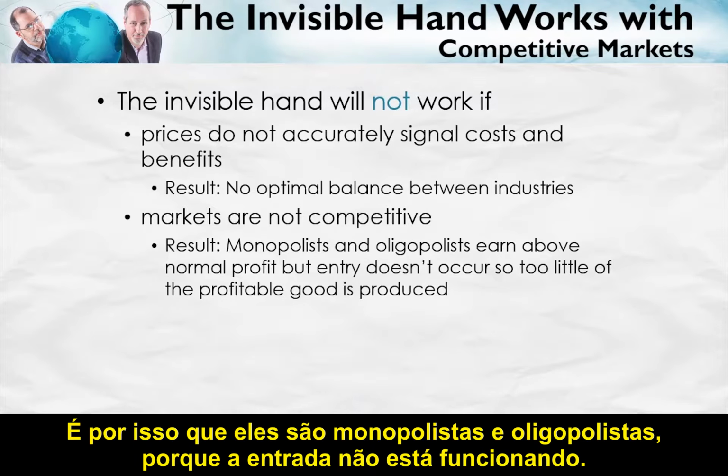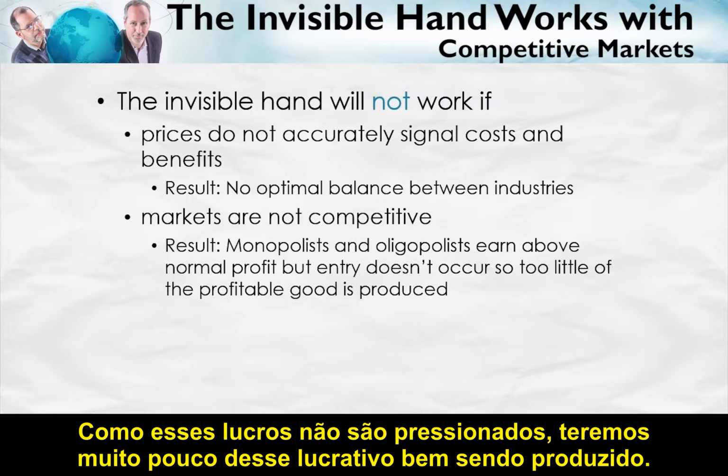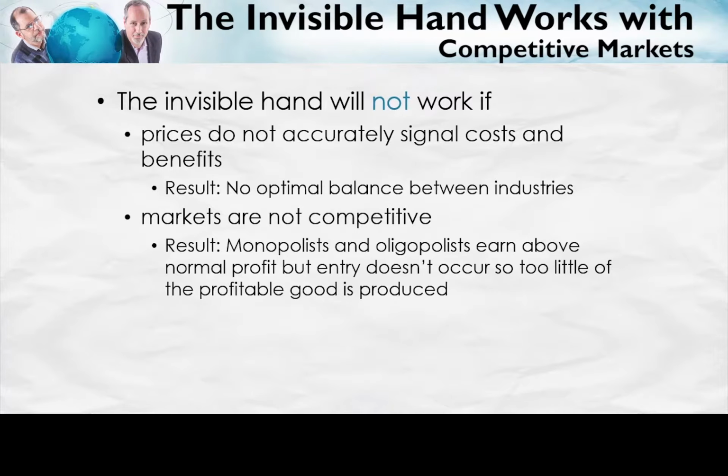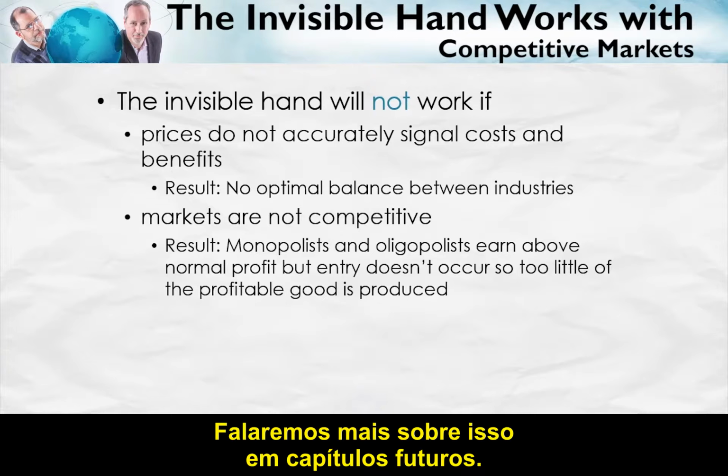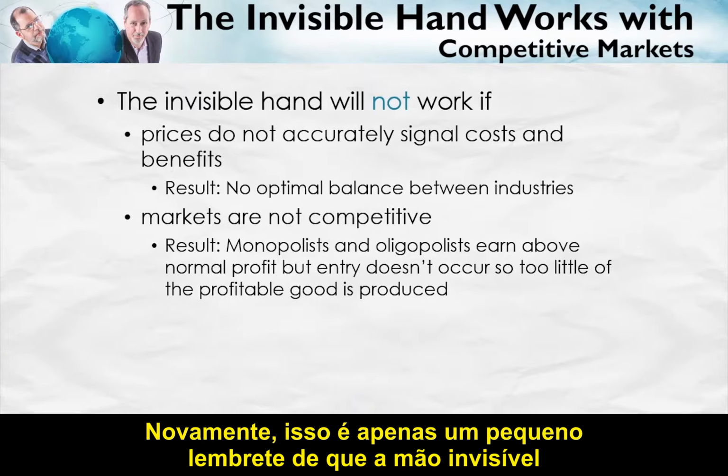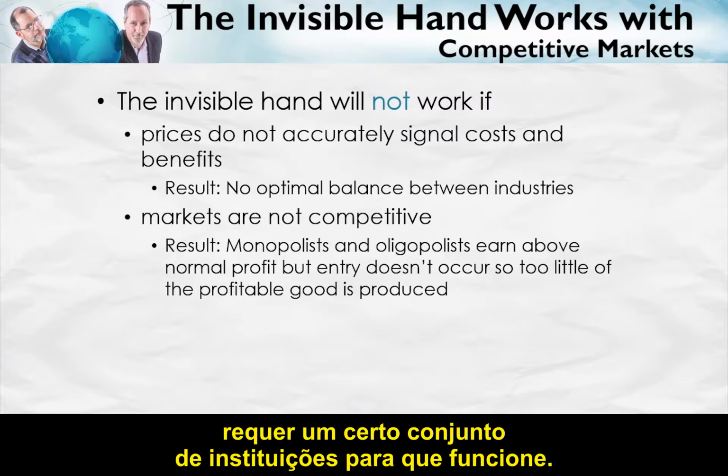That's why they're monopolists and oligopolists, because entry isn't working. Because those profits aren't pushed down, too little of that profitable good will be produced. We'll be talking more about this in future chapters. Again, this is just a little bit of a reminder that the invisible hand requires a certain set of institutions in order for it to work.